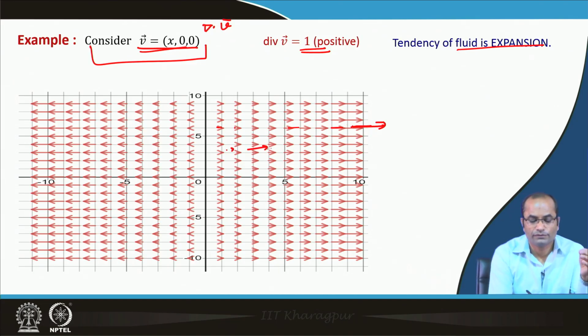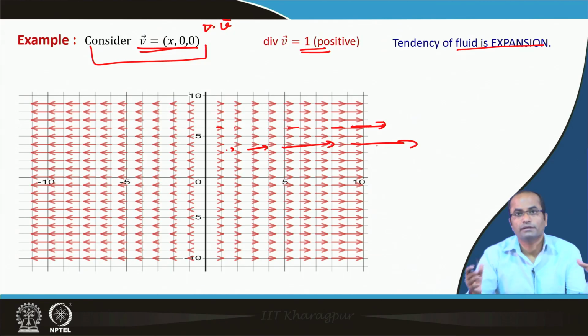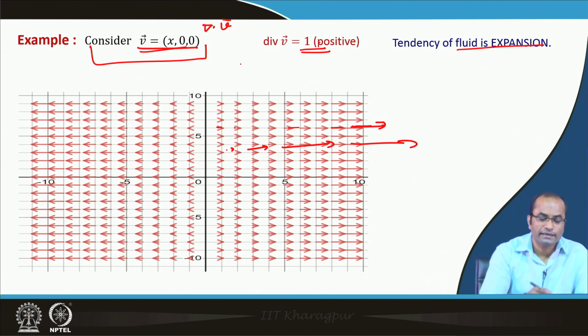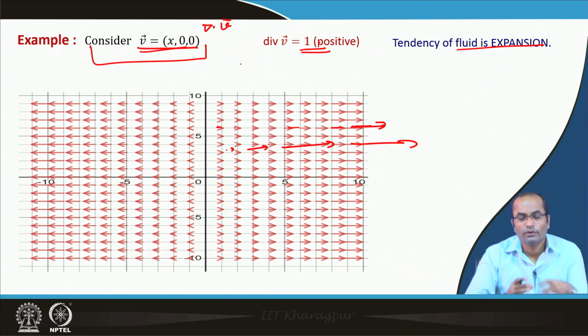We have a small vector, then a big one, then a bigger one. The tendency is clearly visible from this picture, that the fluid at any point, indeed in this case, because the divergence is 1 at any point, the tendency at any point of this domain is for expansion of the fluid.